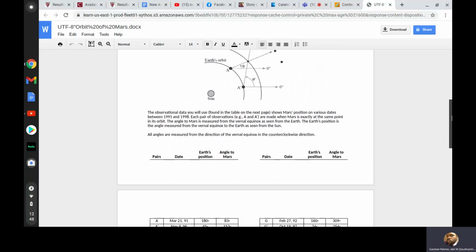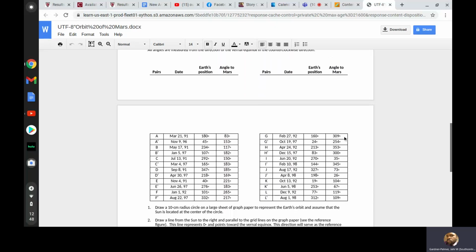If you scroll down, you'll notice that there are two observation positions for each observation. For instance, you've got observation A and A prime here. And so both of these observations correspond to the same location in Mars's orbit. So if you look at A, here you see that 180 degrees.